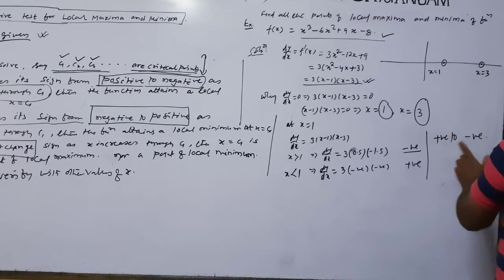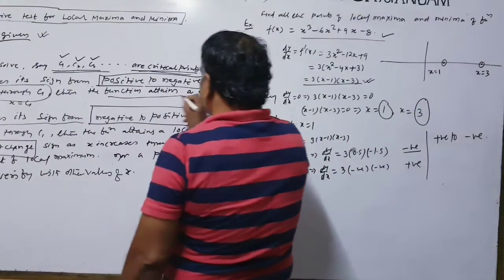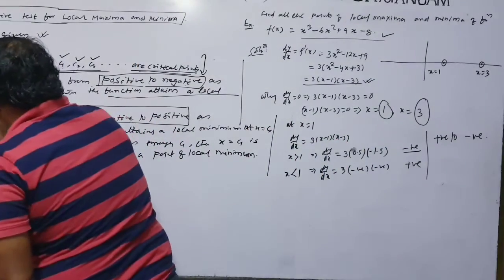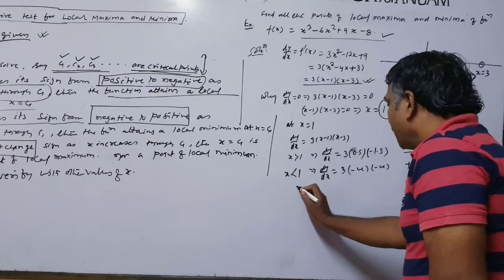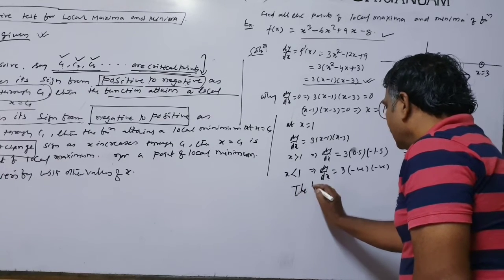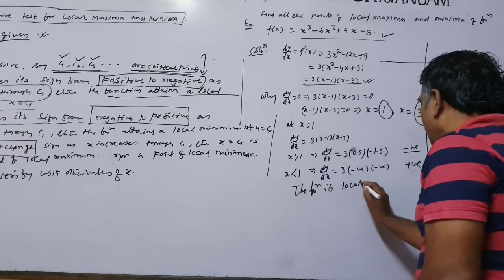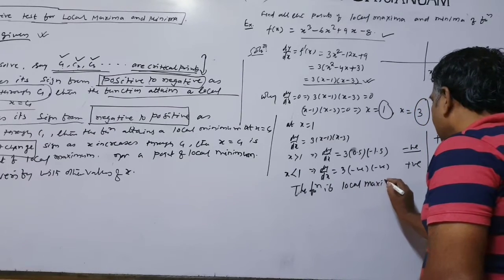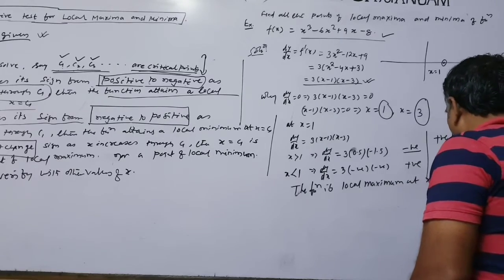Positive to negative means the function is a local maximum at x equal to 1. So the function is local maxima at x equal to 1.